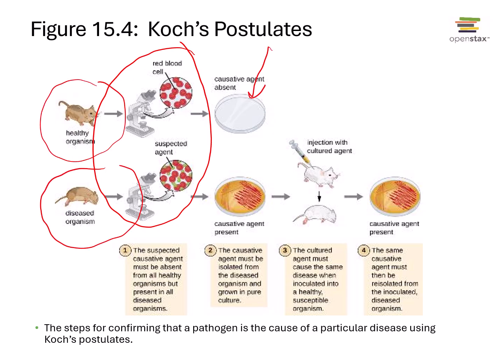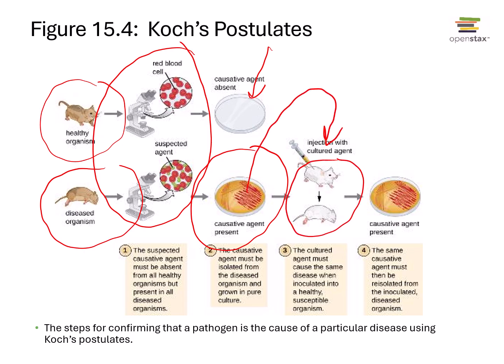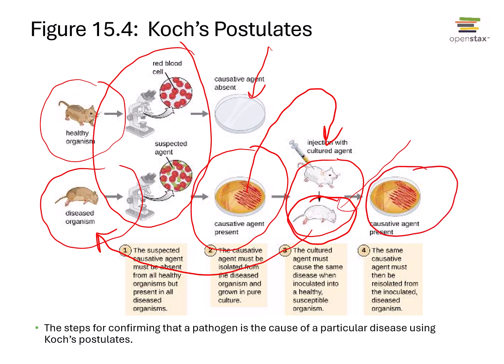So you can see there is no causative agent there, whereas we have isolated it here in pure culture. Then if we take this pathogen and inoculate or inject that into a healthy host, the host must get the same disease as the original diseased organism. And then when you examine their blood or tissue, we have to be able to isolate that same pathogen.